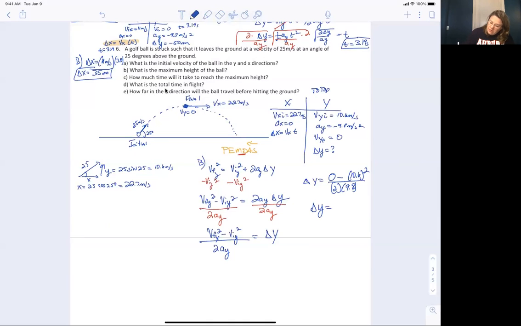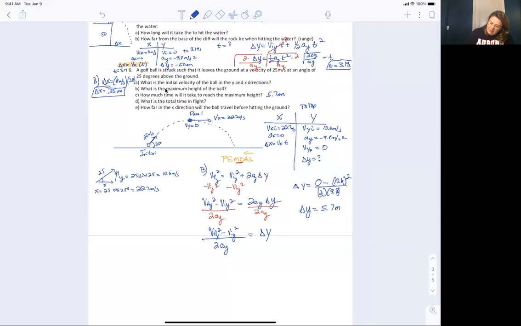Negatives will cancel. 5.7 meters. So that is the maximum height. Oops, I reversed those. 5.7 meters. What's the total time in flight?